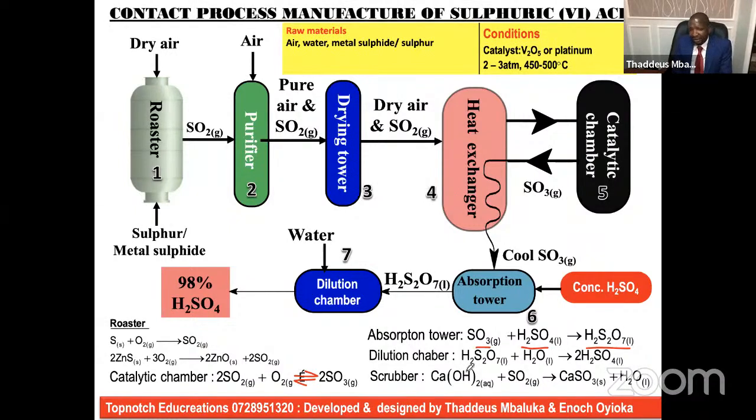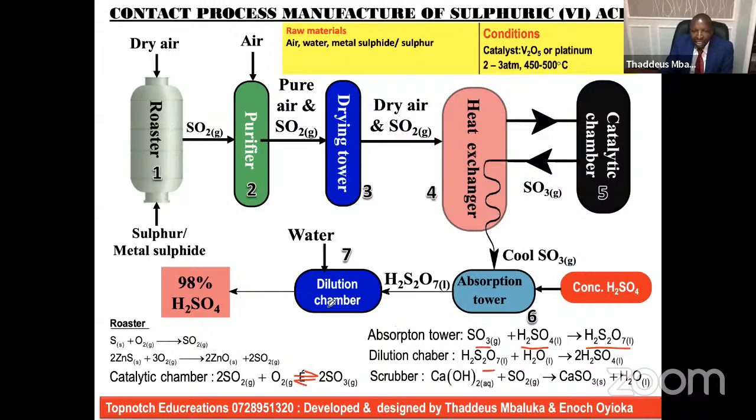So again, you can be told to give the precaution that is done here, that the oleum is carefully diluted with water, or rather a controlled amount of water. You don't just add any water. You add a controlled or fixed amount of water to avoid producing a very dilute acid, because here you should get 98% sulfuric acid. So there's the element of carefully diluted with water.